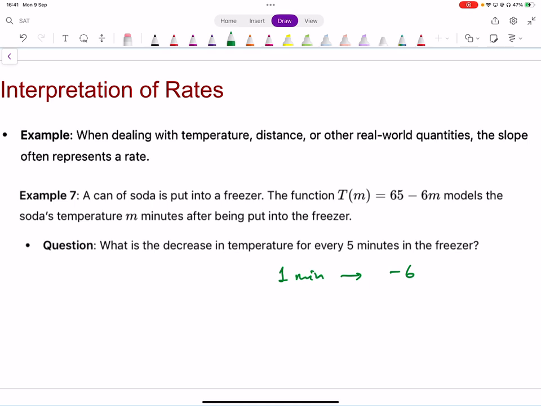What about every 5 minutes? In 5 minutes, it will decrease by 30. But they're saying, what is the decrease in temperature? That means the negative sign is already incorporated in that word decrease. When you write down the answer, you don't write negative 30, you just write 30 there.